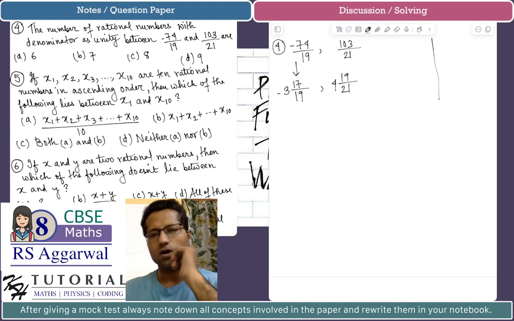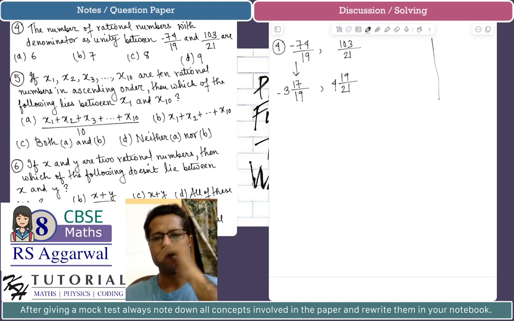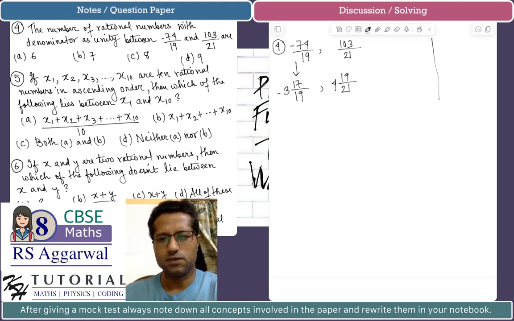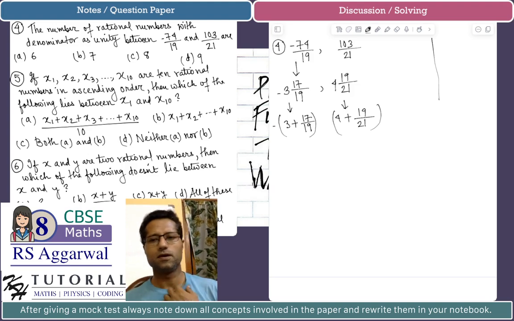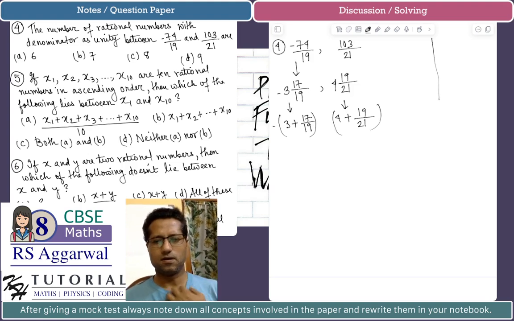Okay, so how many integers do we have to find now? This is nothing but negative of 3 plus 17/19, and this is nothing but 4 plus 19/21.